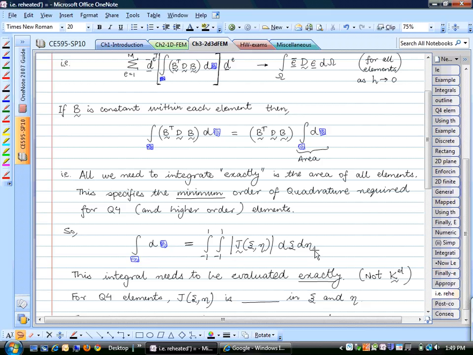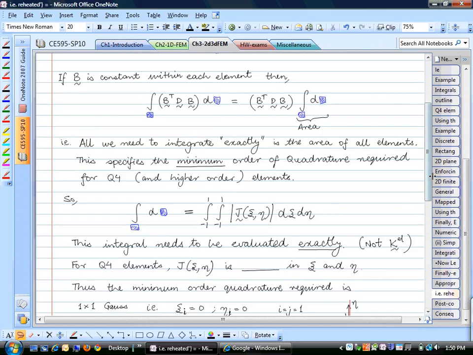So how to integrate this thing exactly using a Gauss quadrature? That's the question. If we can integrate this thing exactly with Gauss quadrature, then we can be sure that our element is going to converge, and we do not need to use full integration. So in this case, for Q4 elements, J, what did we decide just now?